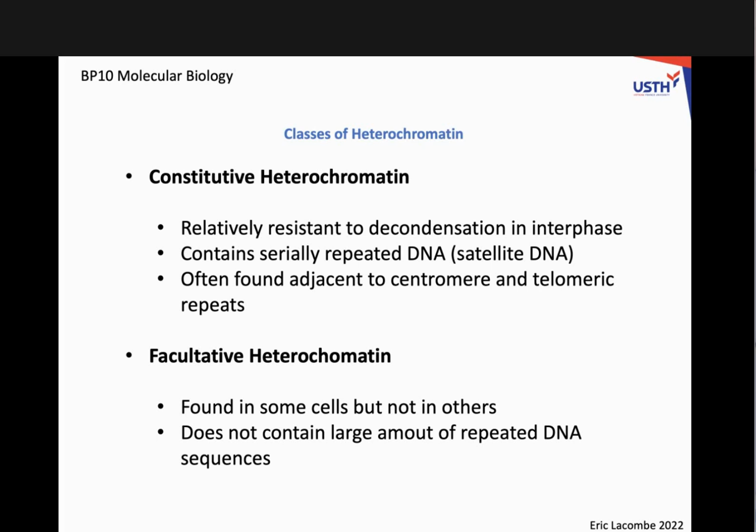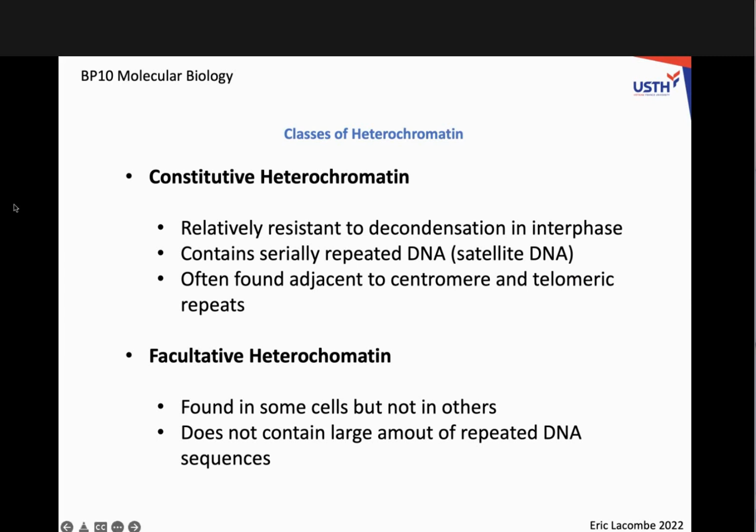According to you, from what we saw yesterday, what can be the rationale of having repeated DNA sequence in a compact form of chromatin? Do you have an idea? We already talked about that a little bit yesterday. Can you repeat the question?